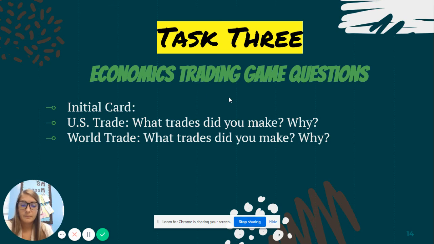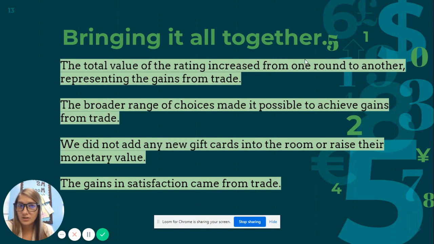After this, we're going to have a discussion about what this means about economics and trade. So why do people trade? Who does it hurt, if it hurts anyone at all? And in what way can trade benefit people more? For example, in the very beginning, you're limited to only your one group of people when you're trading.